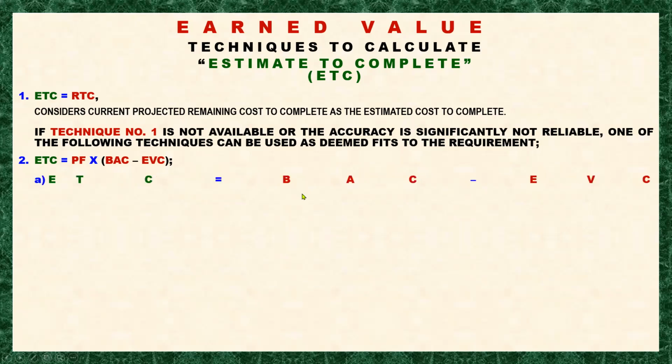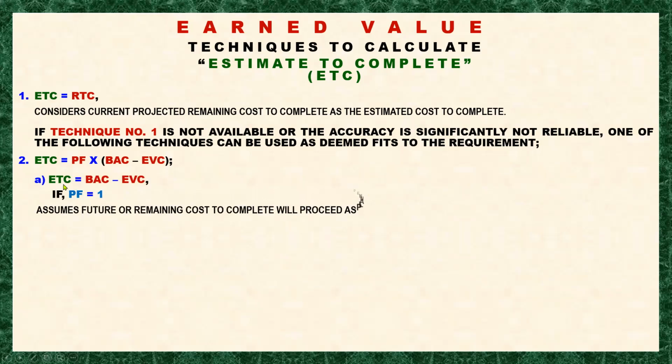So let's go to the first one. The ETC is equal to BAC less the EV, if the performance factor is 1. Of course, if you multiply this 1 into the difference of BAC and EV, it will come out to BAC less the EV.